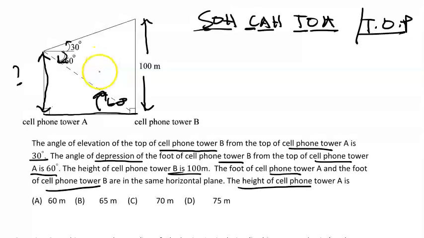Okay. Next, what do we have here? 60 plus 30. So this here is 90 degrees. If you look at it carefully, can you see? 60 plus 30 is equal to 90 degrees. So you've got two right angle triangles. You've got a right angle triangle also here.